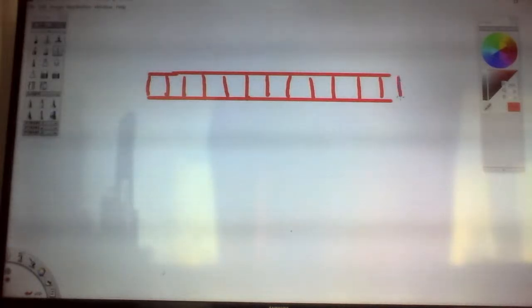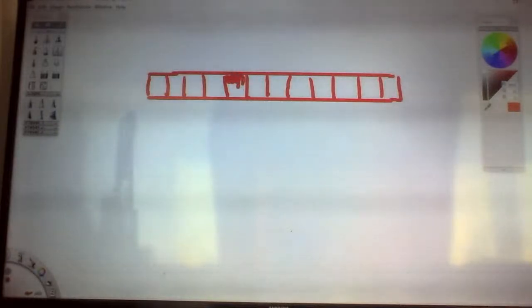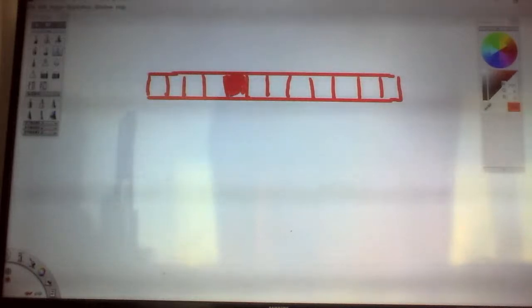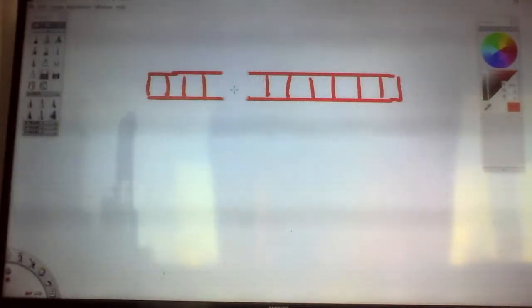One more. So you should be filling up 4 white squares. 1, 2, 3, 4. 1 dark square. Four white squares. 1, 2, 3, 4. Oh, my mistake. It's 1, 2, 3. I'm looking at the one below it.